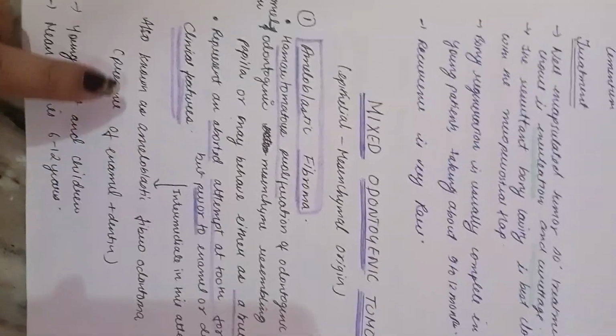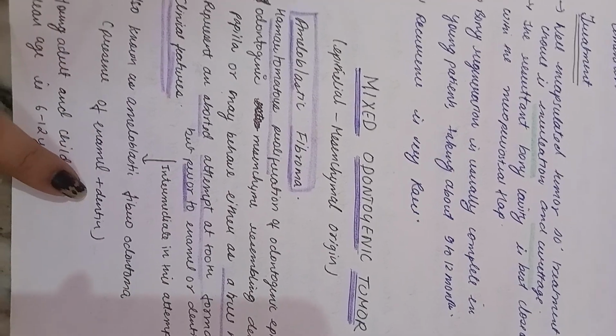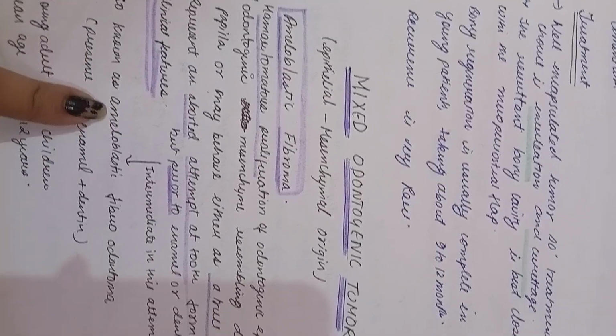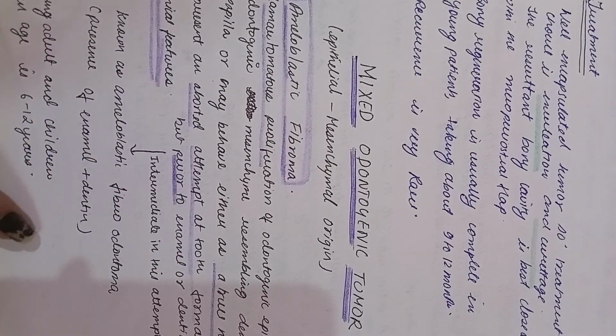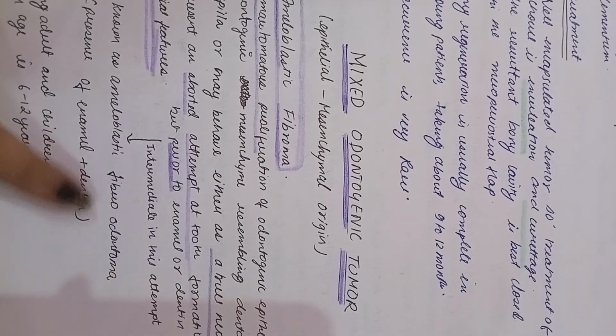Okay, if it is intermediate in this attempt, so there is presence of enamel and dentine, the term will be known as ameloblastic fibroodontoma. It will no more be fibroma, it will be fibroodontoma.